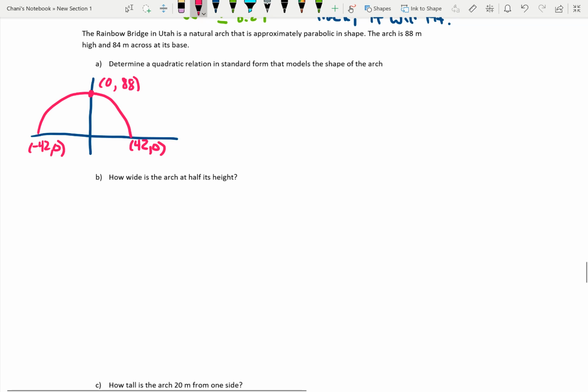So in this case, just to show you something different, I will first create the equation in vertex form. So my h, k, the vertex that I've chosen here, is 0, 88. So my equation would be y equals a(x minus 0) squared plus 88.